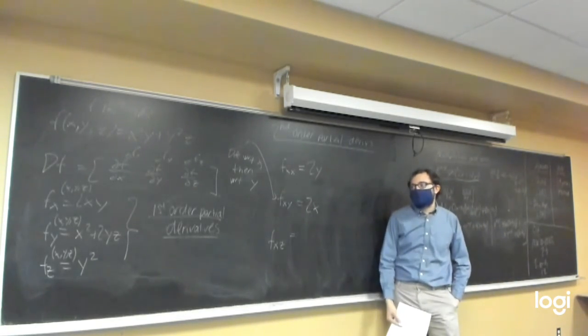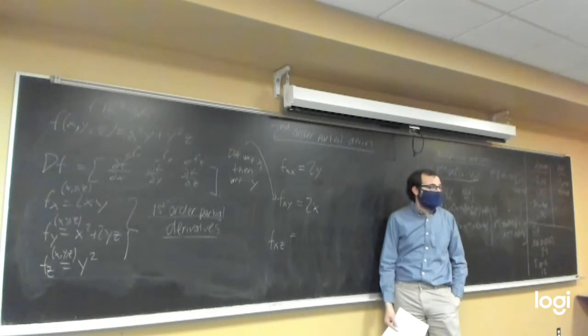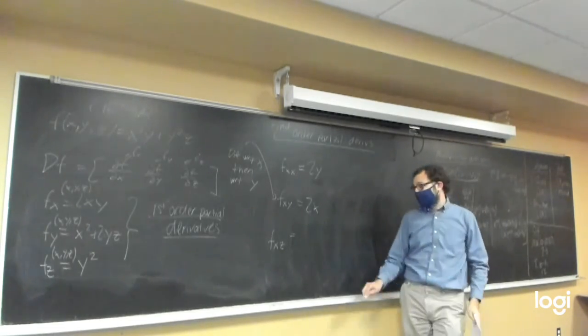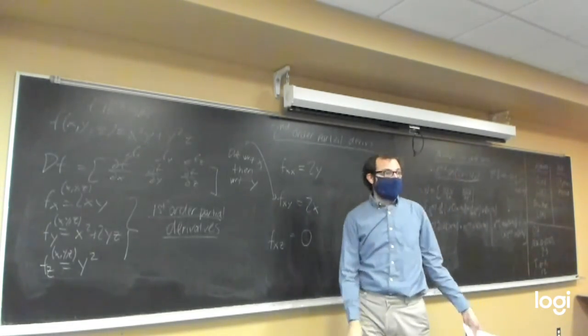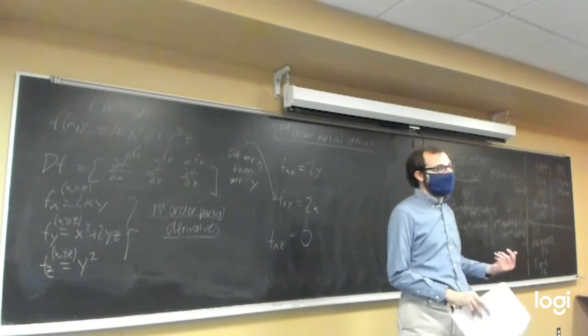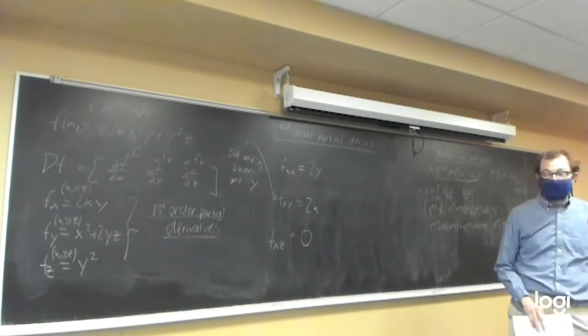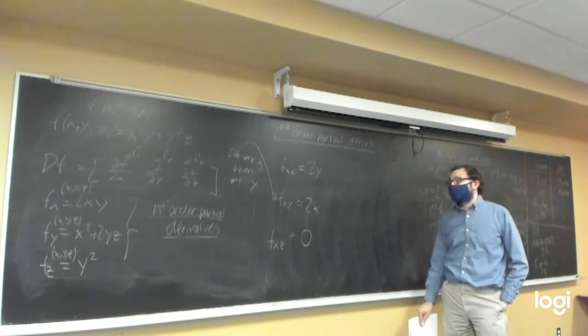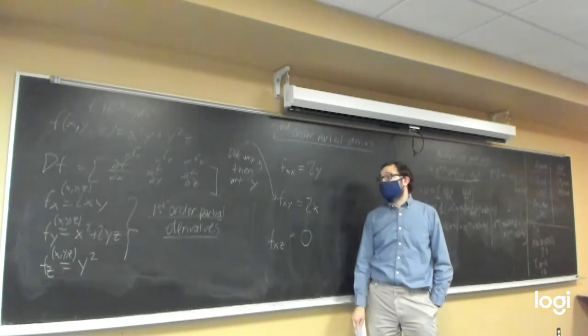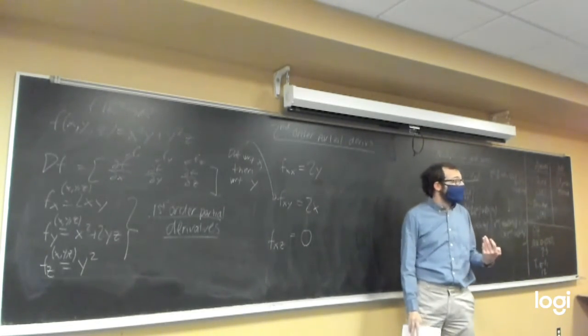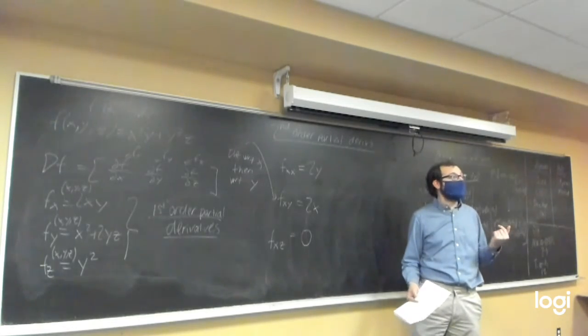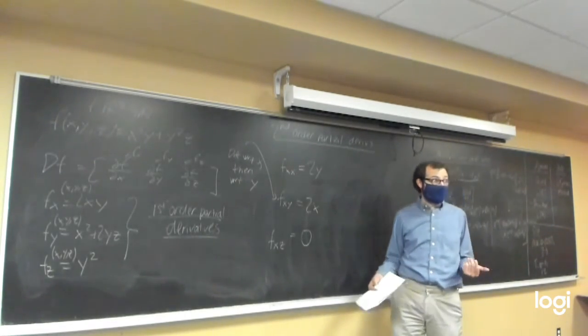What would we get if we differentiated 2xy with respect to z? Well, no z's to be seen, therefore the whole thing is constant and its derivative is 0. So we just took all of the partial derivatives of f sub x, which itself was already a partial derivative of the original function f.